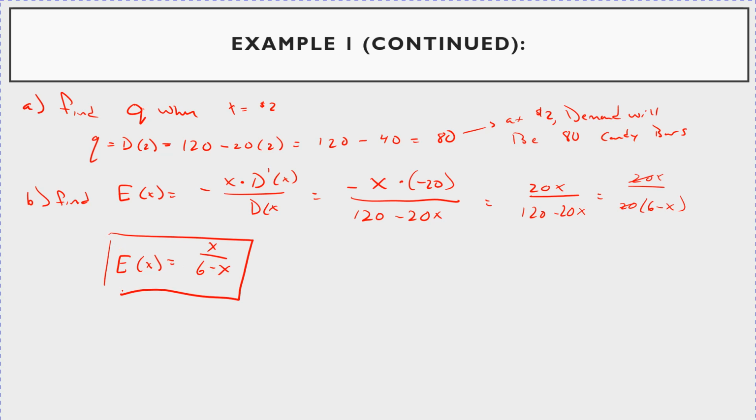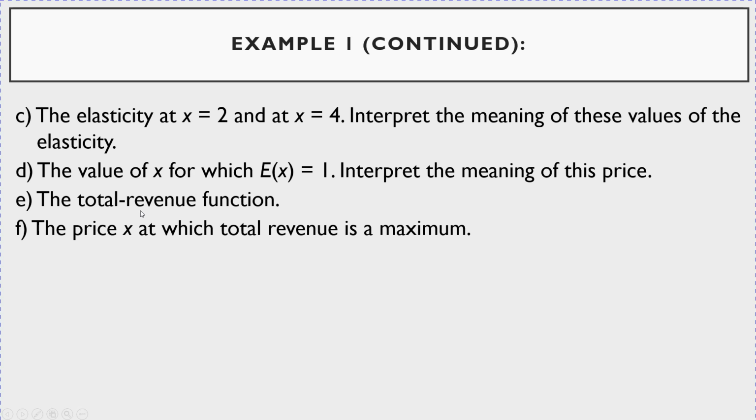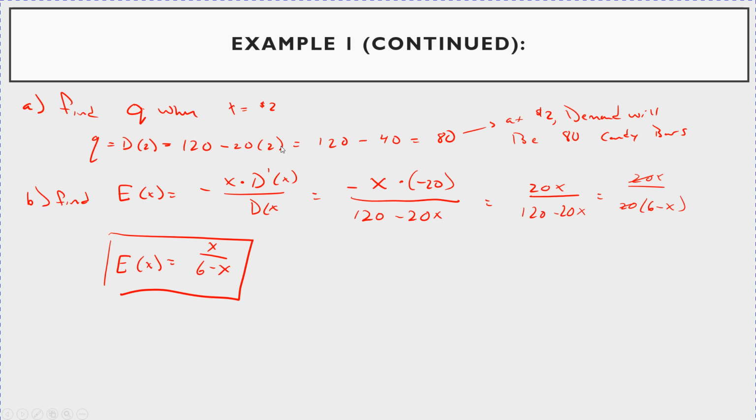Okay, next part. Let's go find C. Let's find what the elasticity is when x is equal to 2 and when x is equal to 4, and let's interpret the meaning of both of these values in terms of elasticity. First let's find E of 2. This is just 2 divided by 6 minus 2. I'm literally just plugging this into the elasticity function I just found.